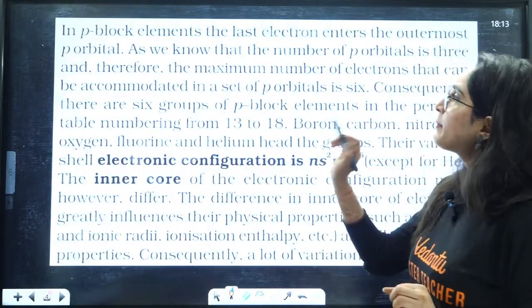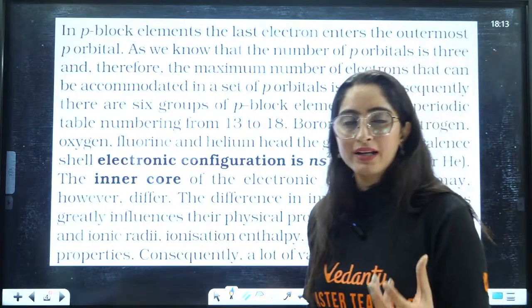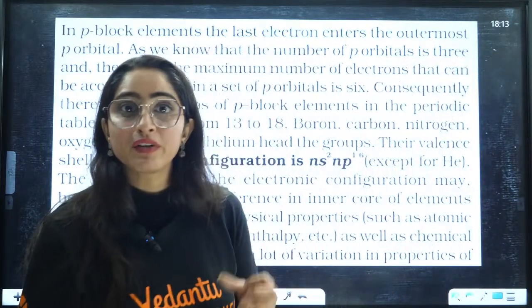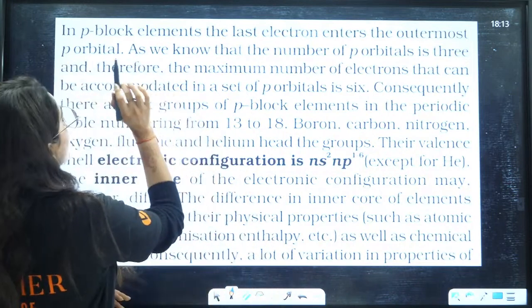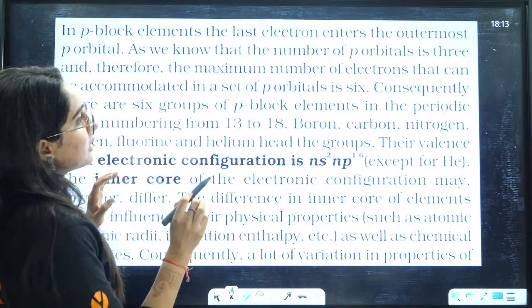P block elements are those in which the last electron enters the outermost P orbital. Like, you have the electronic configuration where the last electron enters the P orbital, that is called P block elements. As we know, the number of P orbitals is 3.